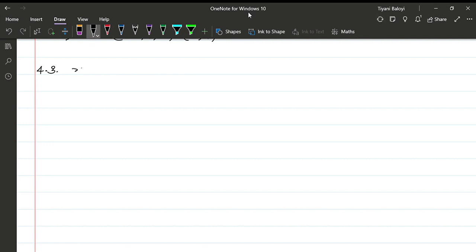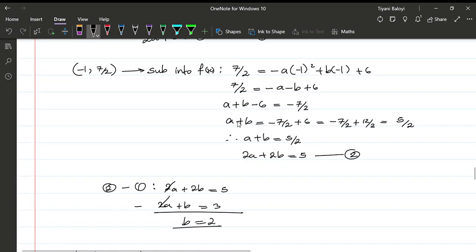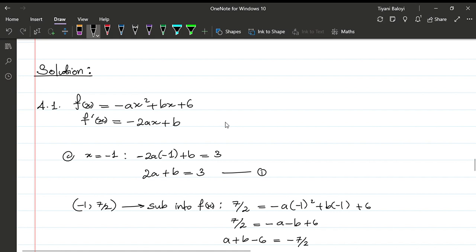We already know that the x value is equal to minus b over 2a at the turning point. You can also get this from here, because we know that the gradient is 0 at the turning point, so this will be equal to 0.